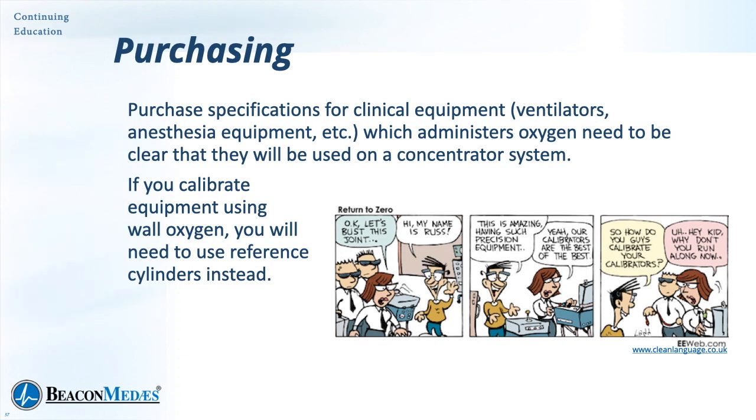Now we can argue whether that was ever a good idea, but with a concentrator it's definitely not a good idea, because the concentration of oxygen from a concentrator can vary somewhat, and if we are assuming 99% from the source gas, we're obviously going to throw off the machine. So it's very important we be aware of that and that the instrumentation and medical equipment that we use is suitable for use with a concentrator, or that we are calibrating it with a reference cylinder.